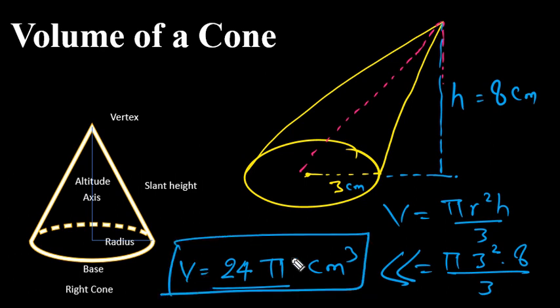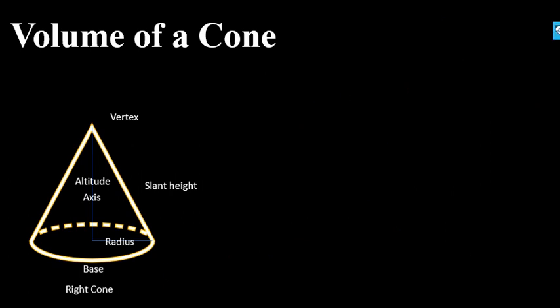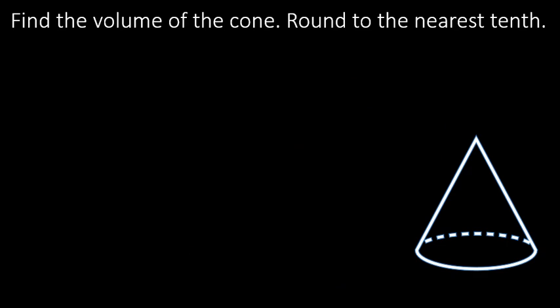Now let's try a few more questions. In this question, if your radius is 3.1 and the height is 6.2, you have to find the volume of the cone rounded to the nearest tenth.